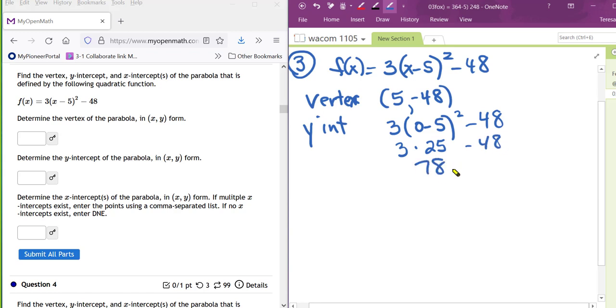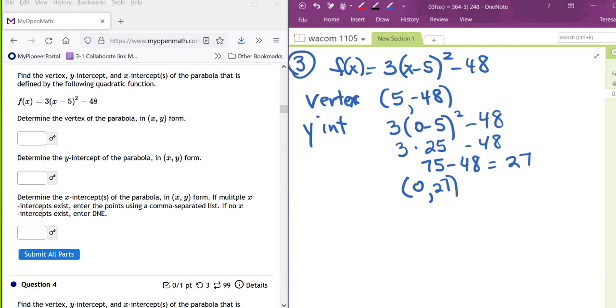So I have 75 minus 48. And that gives us 27, right? The x-coordinate was 0, so 0, 27, because they want that put in that way.